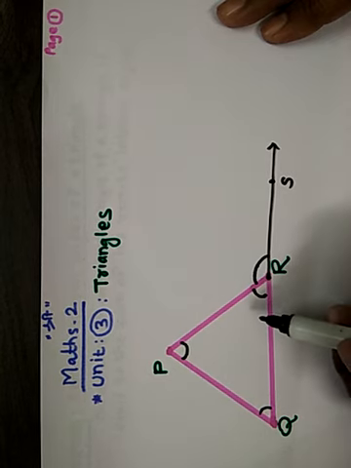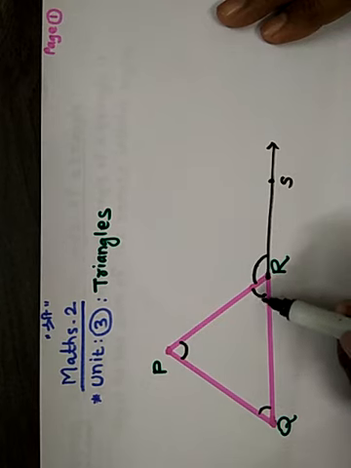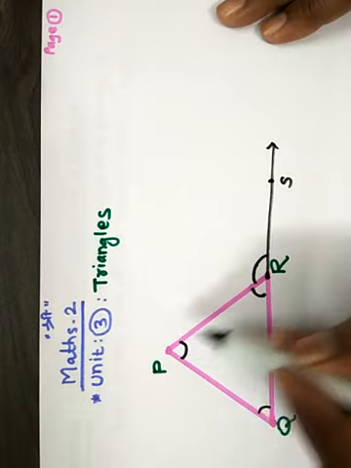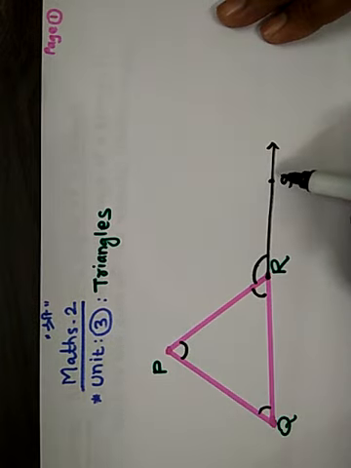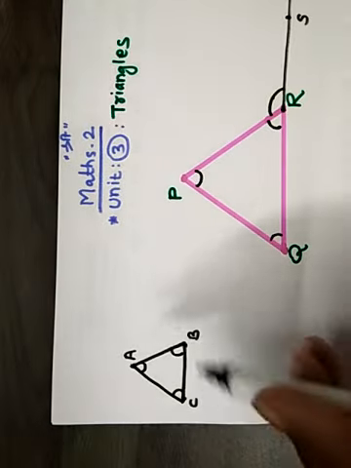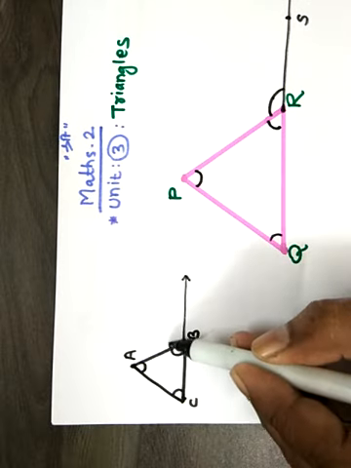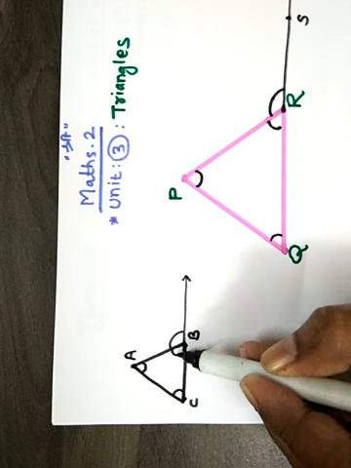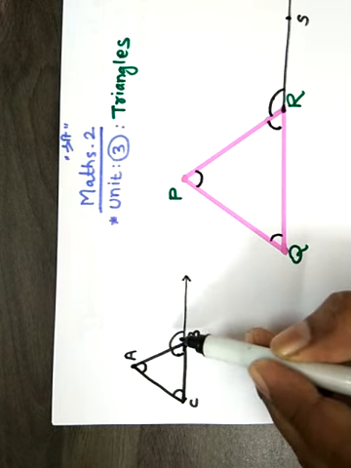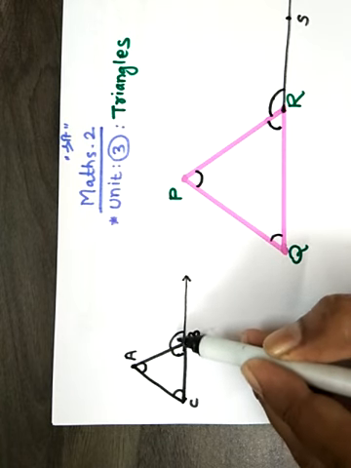So first we study the relation between the exterior angle and the interior angles. See here, if PRS is the exterior angle, then how many exterior angles can we draw for a triangle? If we draw this ray, this angle forms a linear pair with this angle. This is the interior angle, and this angle is adjacent to it. So this is a linear pair.